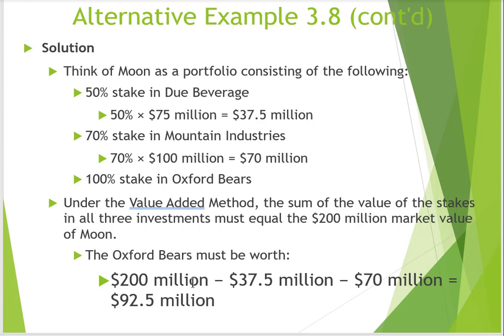So if you take the entire company, subtract out the value of Dew, subtract out the value of Mountain, that leaves 92.5 million to cover Oxford Bears. So the value to this company of Oxford Bears is 92.5 million. Again, this is that value added methodology.